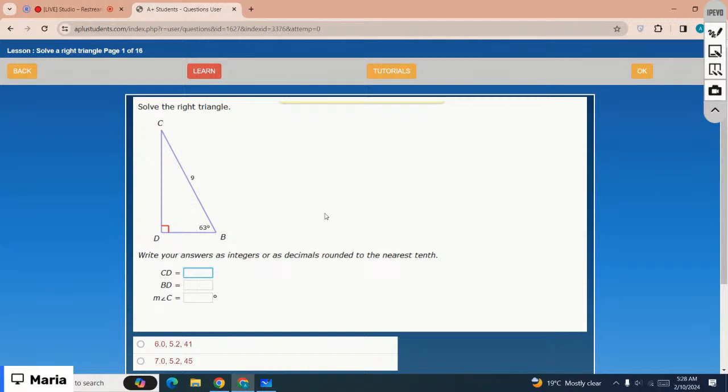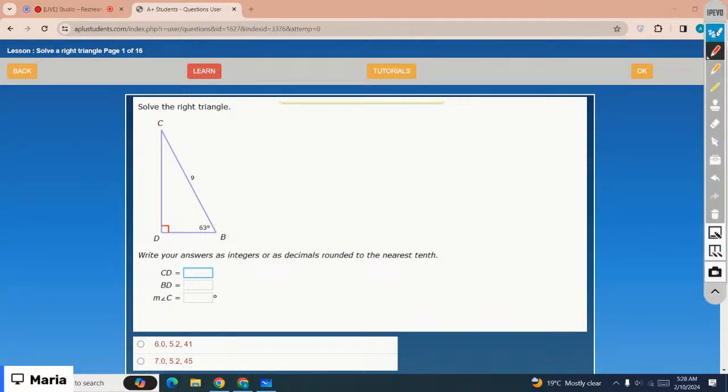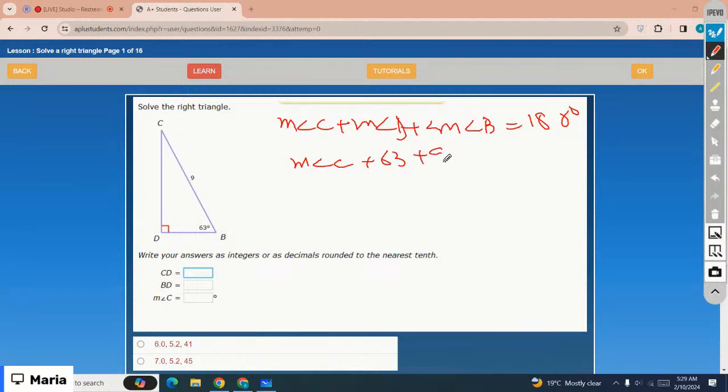You are given two of the angles and one of the sides. So you can find the third angle very easily. The sum of all the angles in a triangle must be 180. So measurement of angle C plus measurement of angle D plus measurement of angle B equals 180 degrees, right? C you need to calculate. D is 63 plus 90. Add them and subtract them from the other side, right?